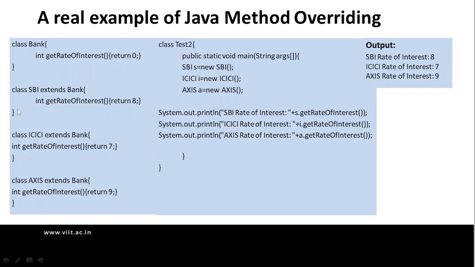Every bank will give a different interest, so for SBI, if the bank's rate of interest is zero, it is of no use, so SBI will use its own overridden method, and it is more useful. If you execute this program, you will see the method gets overridden.